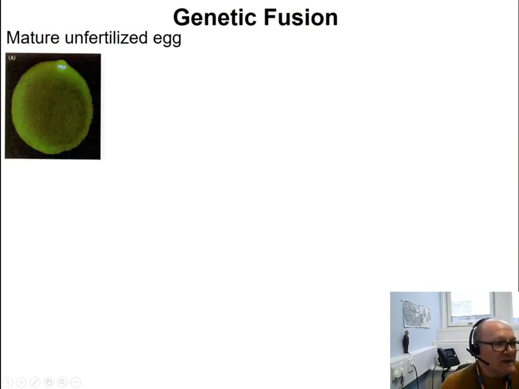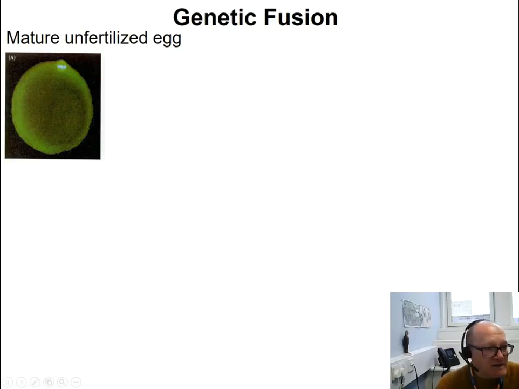So here what we see in this beautiful picture is a mature and fertilized egg. You can see that this mature and fertilized egg is a secondary oocyte. We can see here the chromosomes, so the DNA of this egg, which are organized on a spindle that is pushing toward one side.